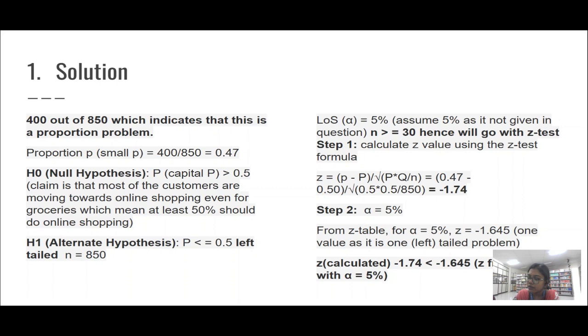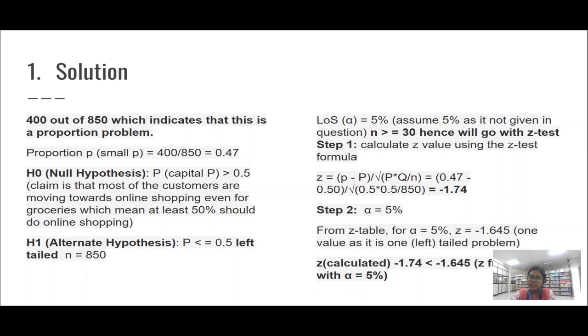And then we have to fix the statements for H naught and H1. Since the probability of moving towards online shopping, even for groceries, should be at least 50%, let us take H naught as capital P equal to 0.5, and H1 as P less than 0.5, which is left tailed, and n is equal to 850.